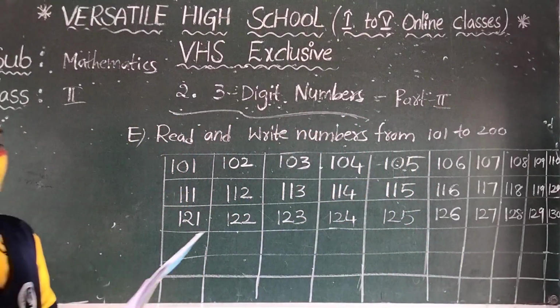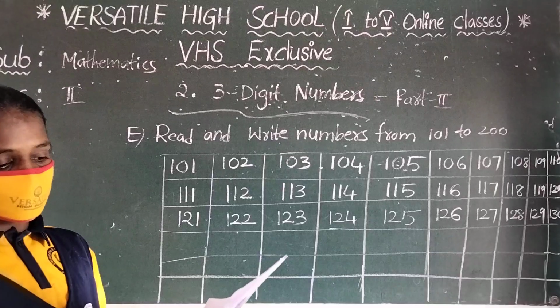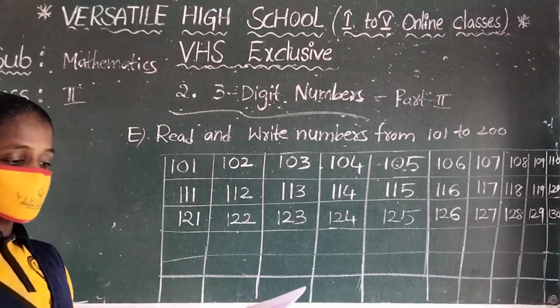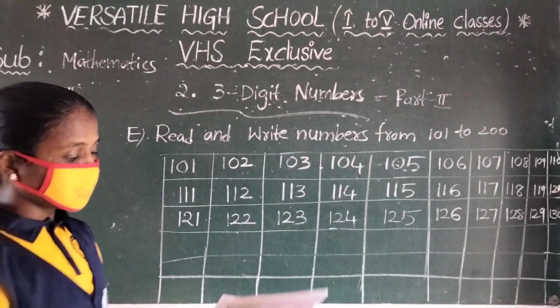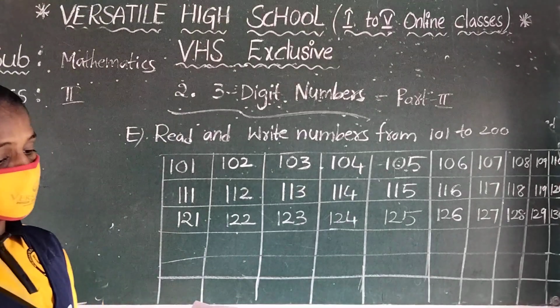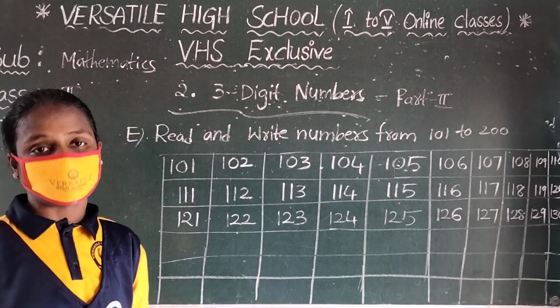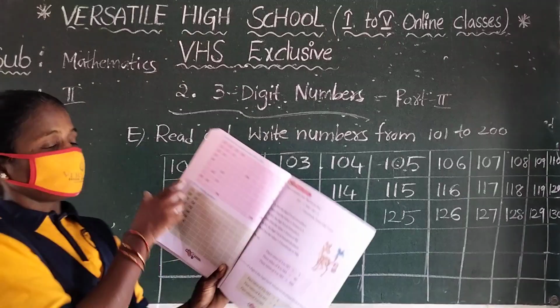Now, fill in the missing numbers. Here they are giving the same process. 111, 112. 111 is given. 111, 112.